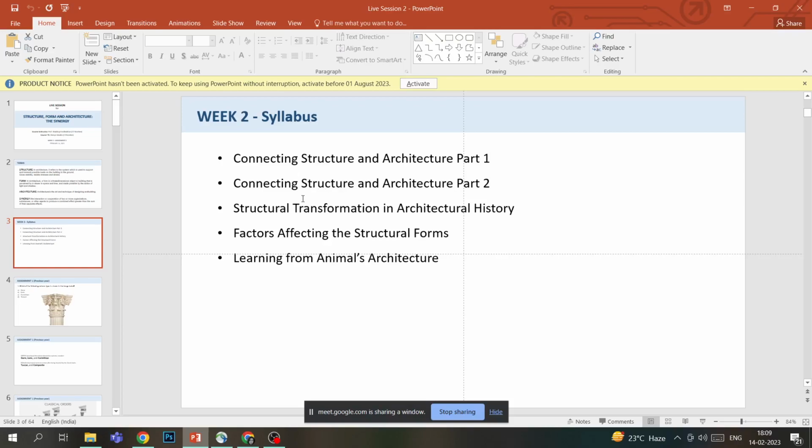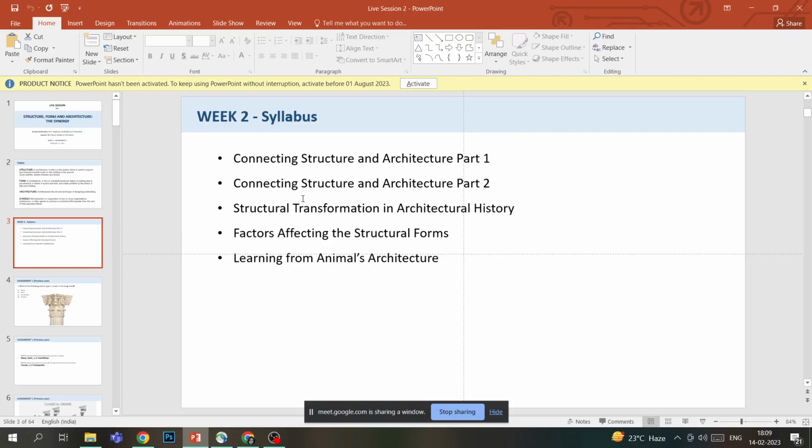Then moving on to lecture 8, which was structural transformation in architectural history. This part covers the entire history, right from prehistoric times to the current time, and how structures and architecture have changed throughout this history. The reason for these changes has been that human needs change with time, our requirements change with time, and our cultures evolved.